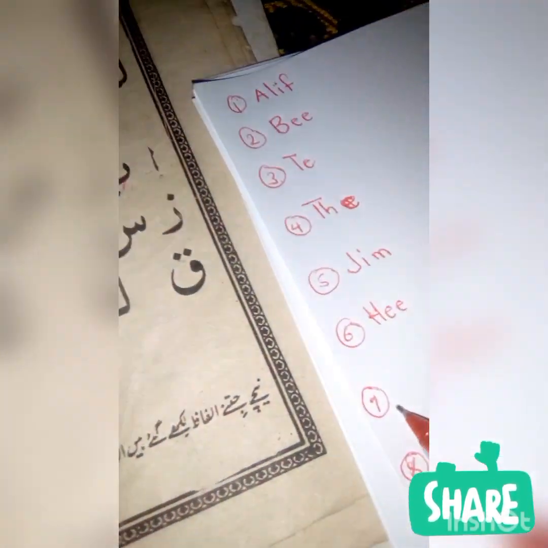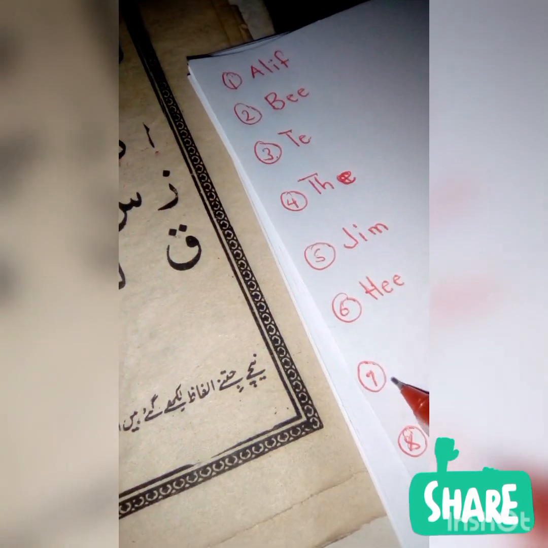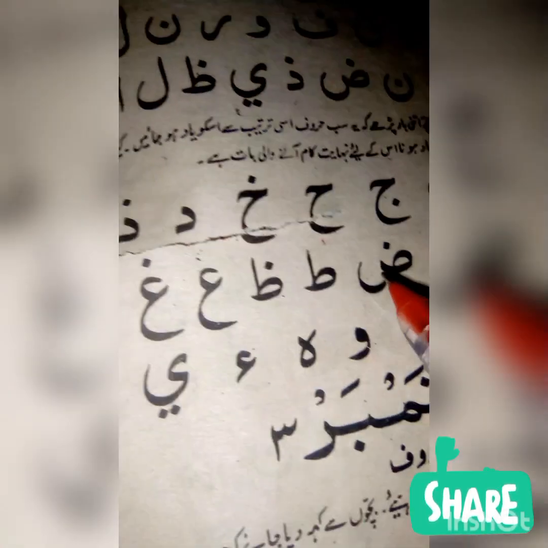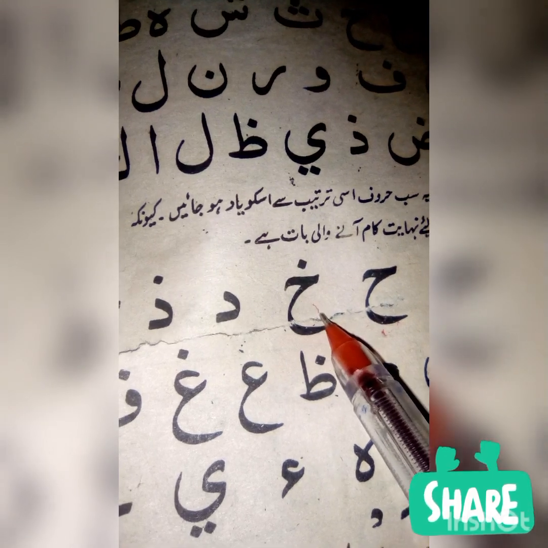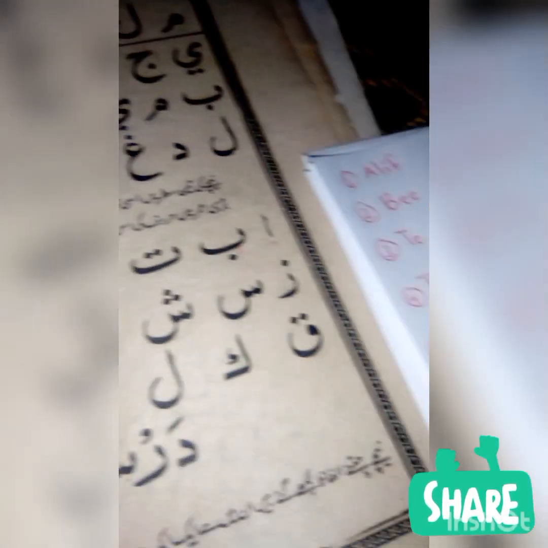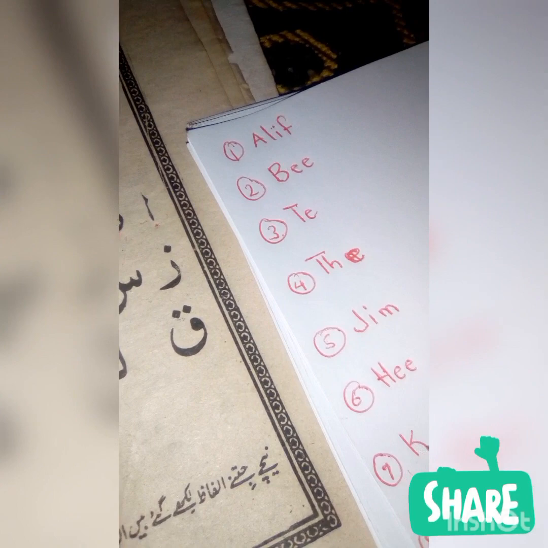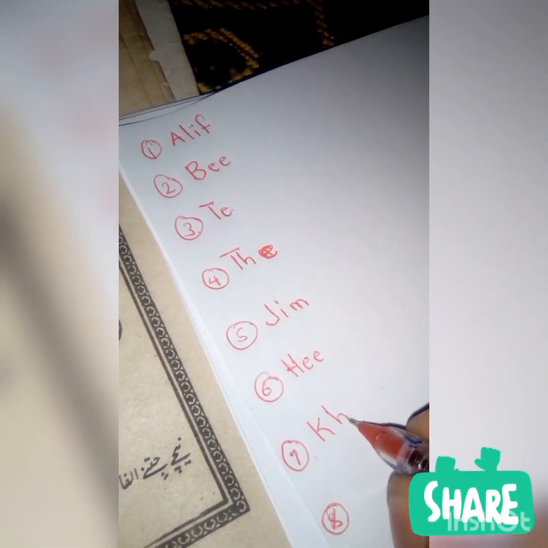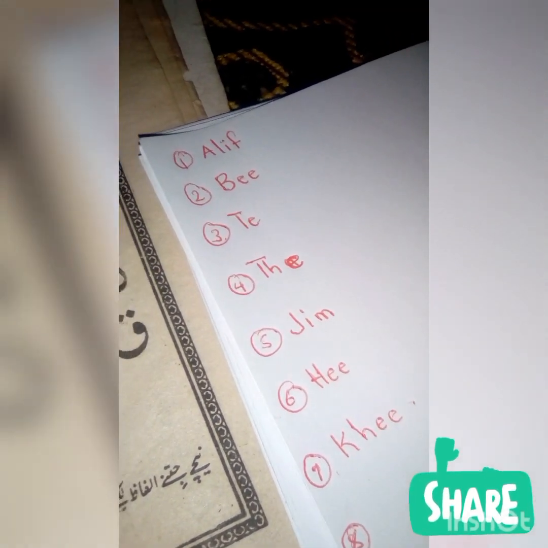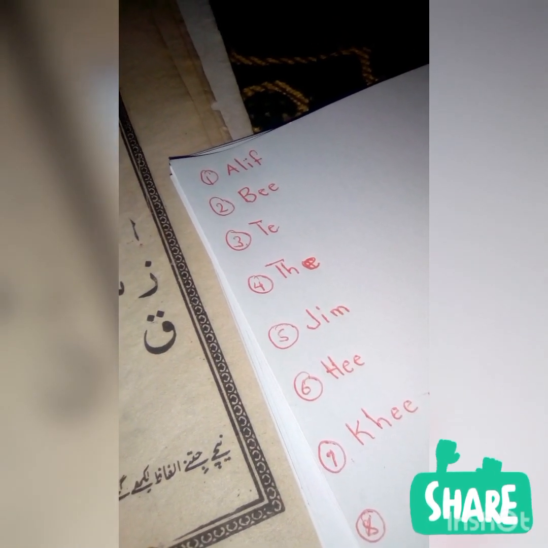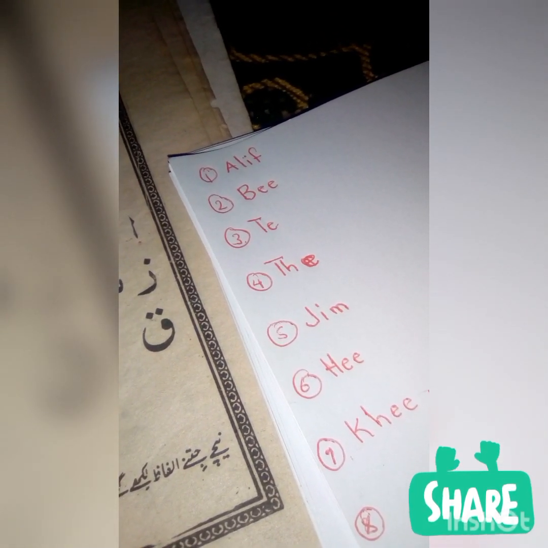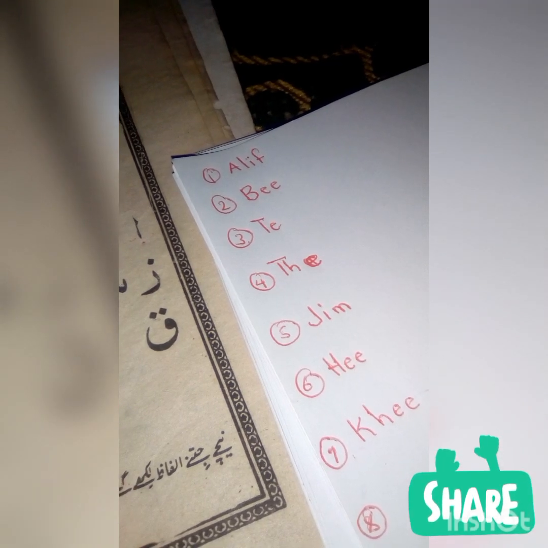So let's look at the seventh Arabic alphabet. The seventh Arabic alphabet says khe, which is located here. That is how we pronounce it. That is KH. It's like you want to vomit something out.